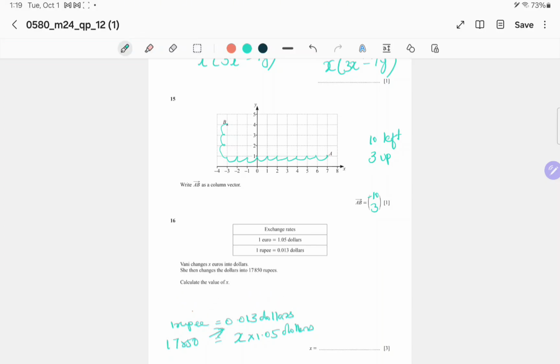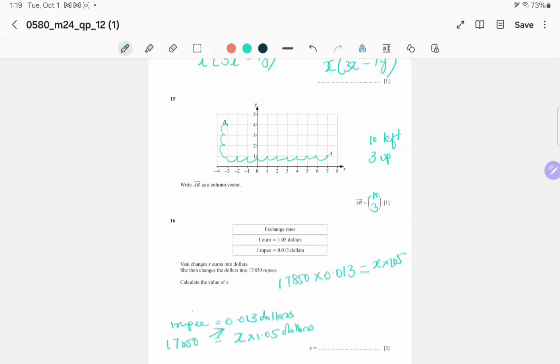Okay, we will continue. So this is the question, so this is the answer. Cross multiplying, 17,850 into $0.013 is equal to X into $1.05.